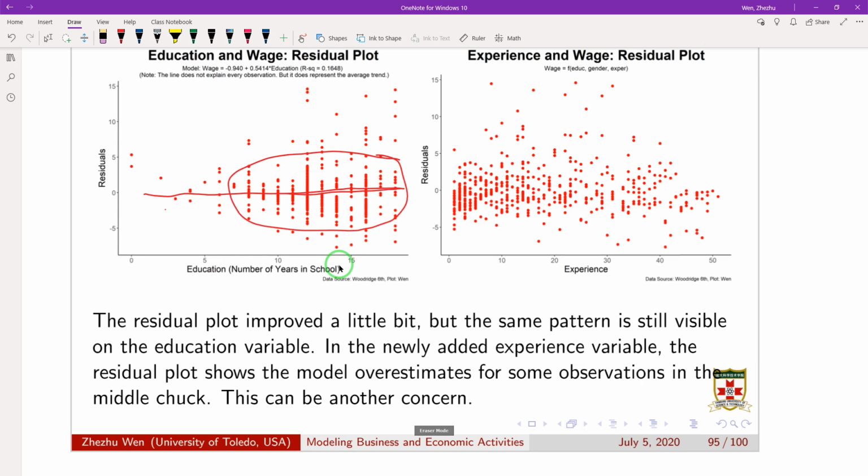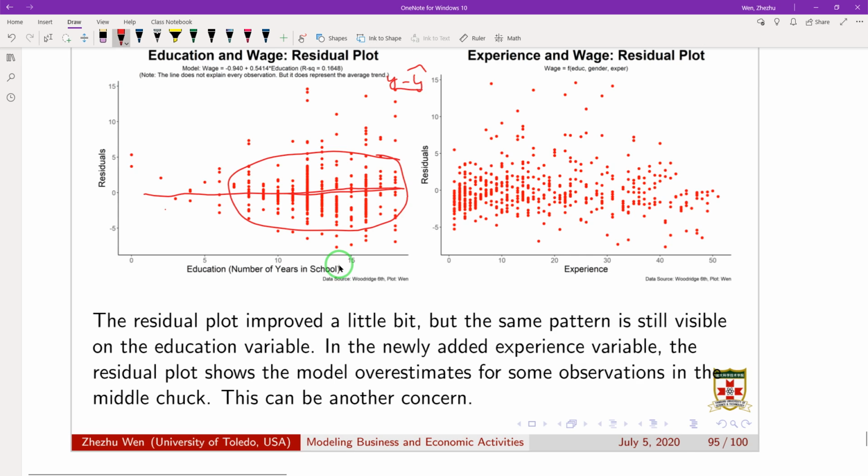Why do I call it overestimation? Don't forget the residual basically means the difference between y and the predicted value of y hat. So when your predicted value is too small, that becomes underestimating. When it is too big, that becomes overestimating.